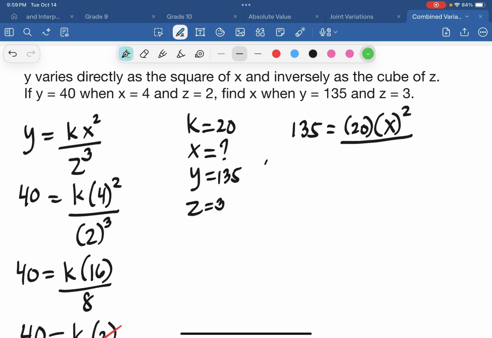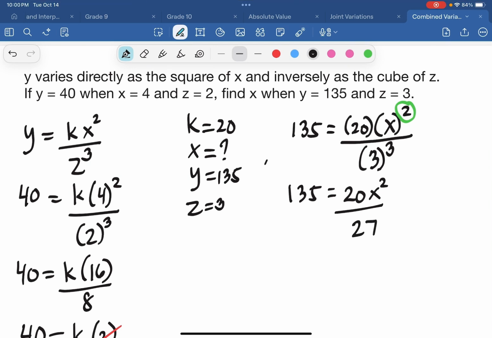And again, don't forget the square because it is the given. Z is 3, so 3 cubed. Don't forget the cube as well. Now we have 135 is equal to 20 x squared over 3 cubed, which is 27.